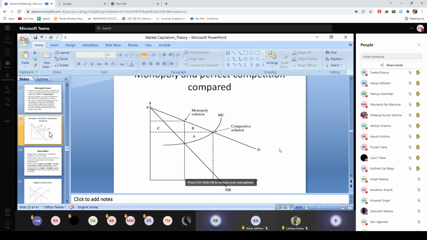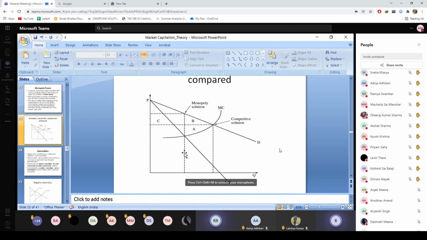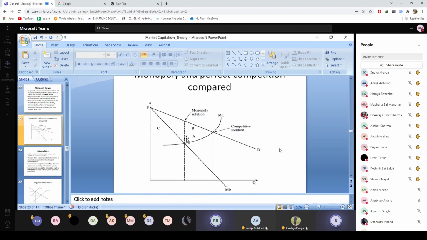Now this is the diagram where we are comparing monopoly and perfect competition equilibrium. In perfect competition, MC is intersecting with the demand curve, and on the other hand, in monopoly, MC is intersecting with MR, which is the monopoly equilibrium, here.